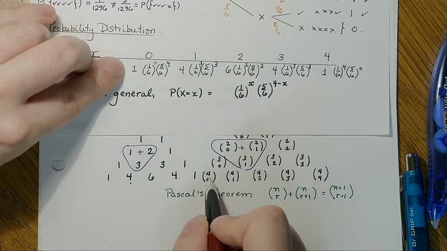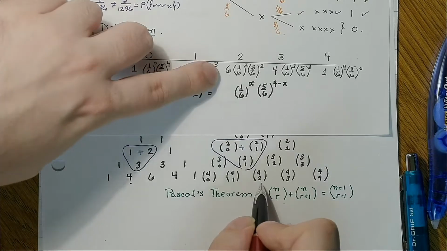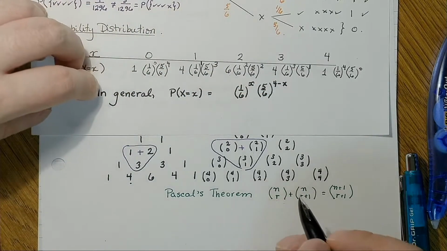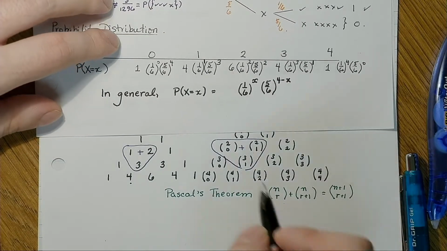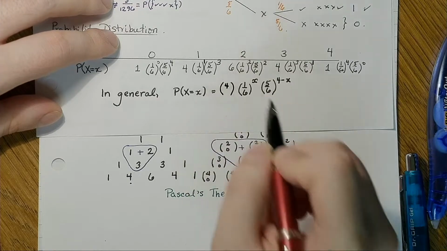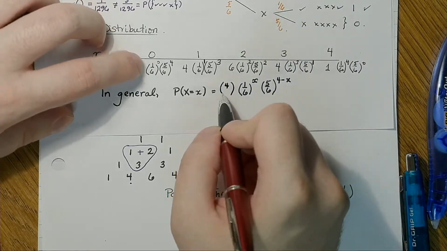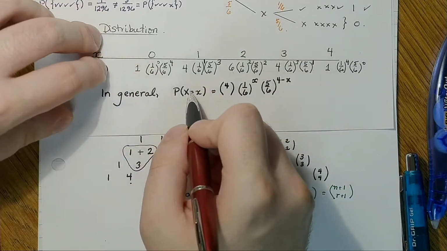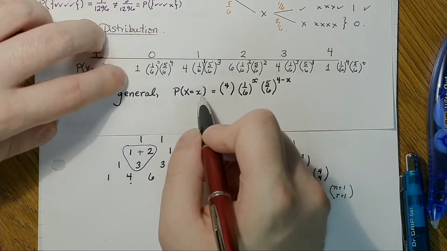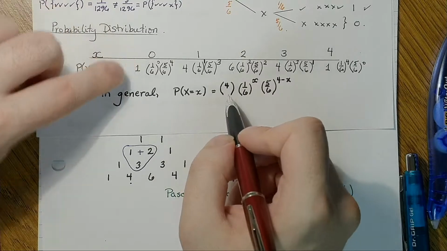So same thing, there's 4 choose 0, 4 choose 1, 4 choose 2, 4 choose 3, and 4 choose 4. So what I can do is I'm going to use 4, and each time I'm increasing the number of successes, it changes as well. But it's just going to depend on what x is.